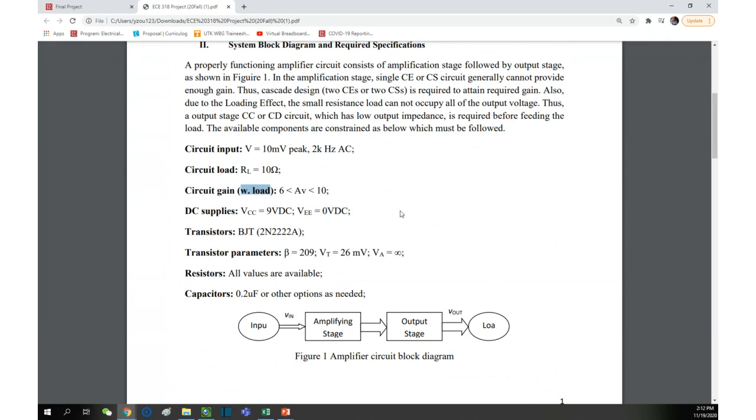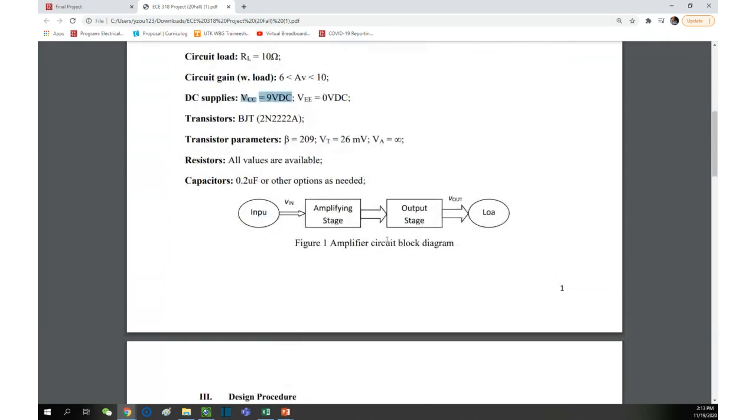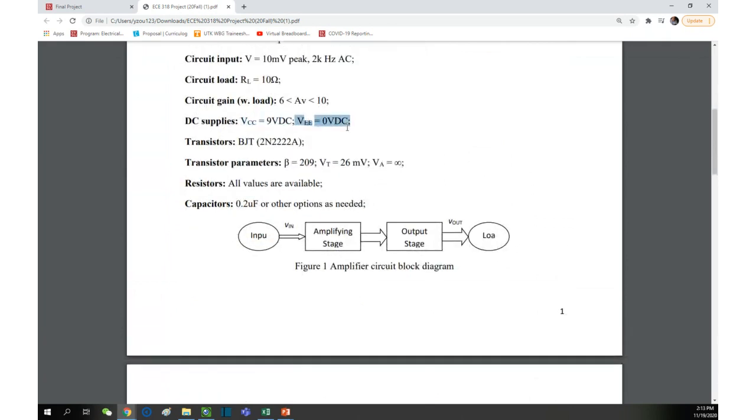You can try: without load the gain is very high, over 100 maybe. However, with load it shrinks a lot. And you only have 9 volts VCC available, and you don't have a negative power supply. You only have one positive 9 volts available.